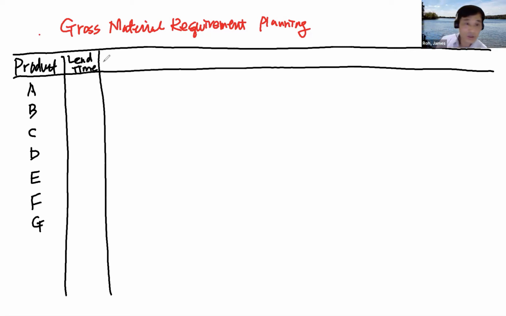So we are going to put lead time in there. And we learned last time that it takes 1 week for A, 2 weeks for B, 1 week for C, 1 week for D, 2 weeks for E, 3 weeks for F, and 2 weeks for G. That we learned last time.